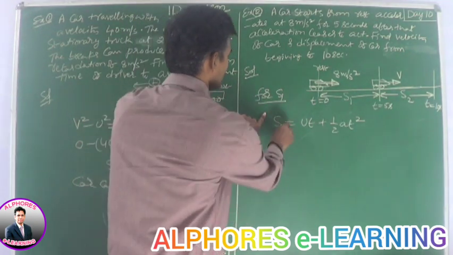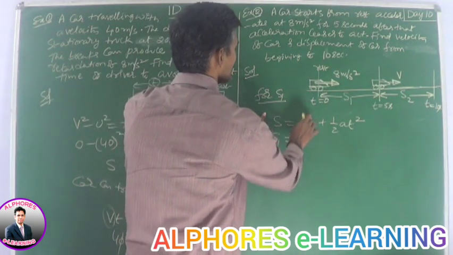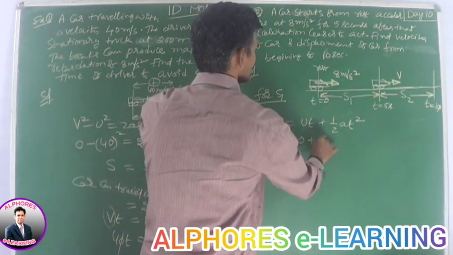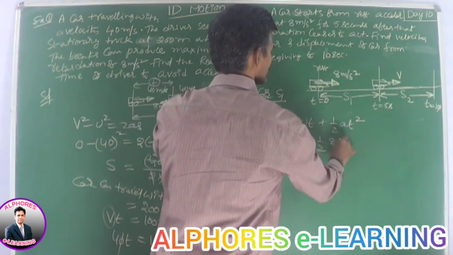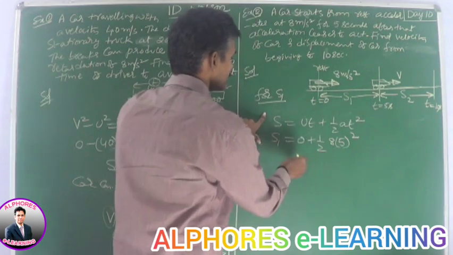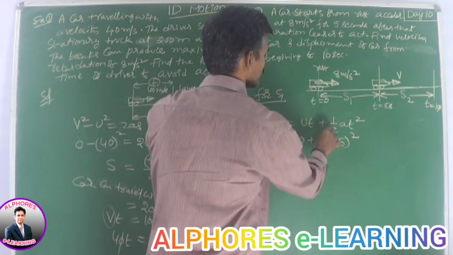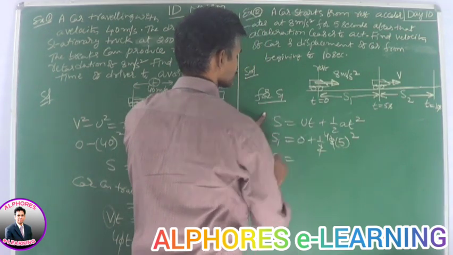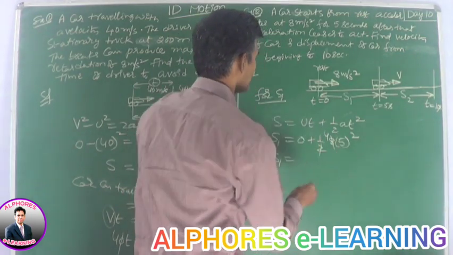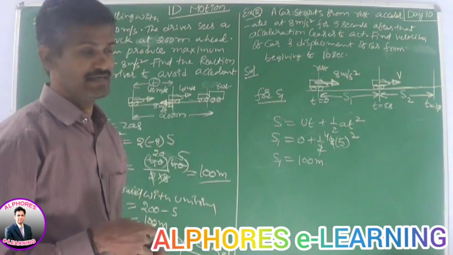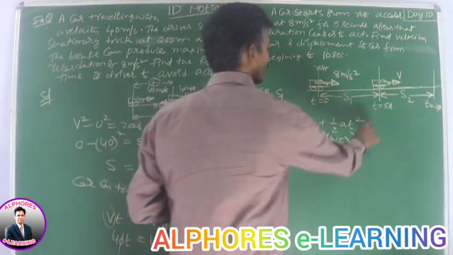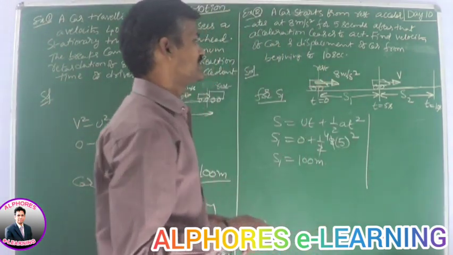So S1 is given by u is 0, plus half of acceleration 8, time taken 5 squared. Half of 8 is 4, 25 into 4, that is 100 meters. The car travels 100 meters.